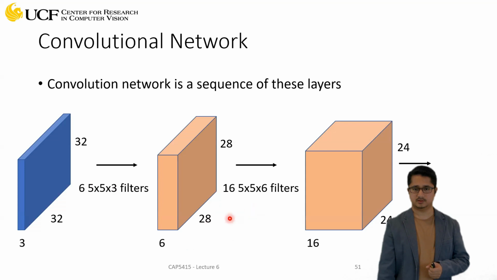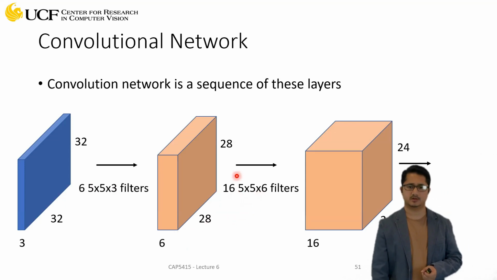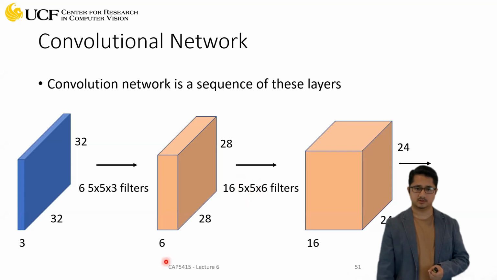One interesting thing which we didn't cover last time is that the depth should match. When you place this kernel at any location, in the spatial region you are covering 5 cross 5, which means the 25 pixels in the neighborhood.